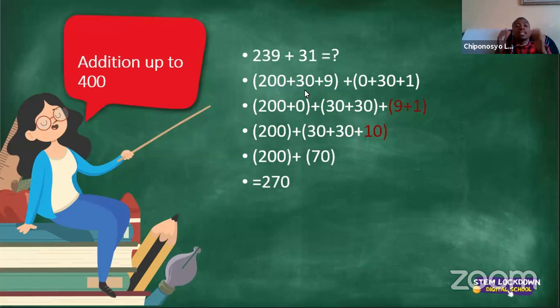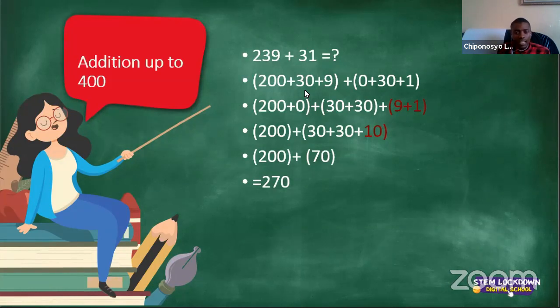We say 30 plus 30 plus 10 equals 70. And then we add it to the 200 of the hundreds that's alone, which gives us 270.